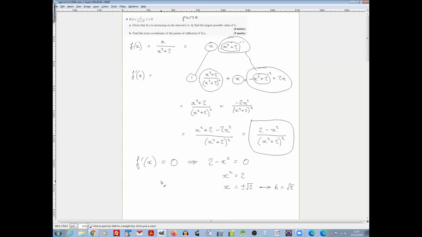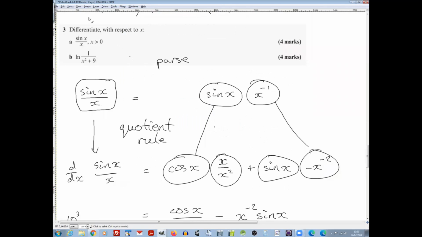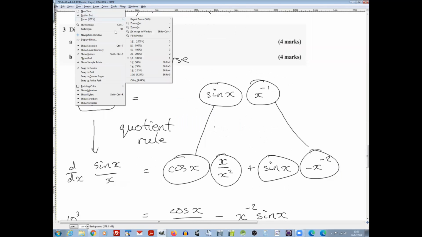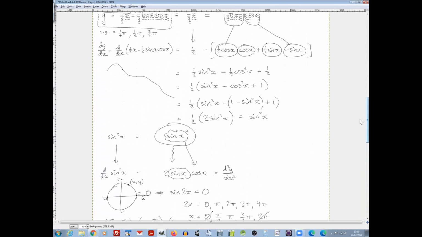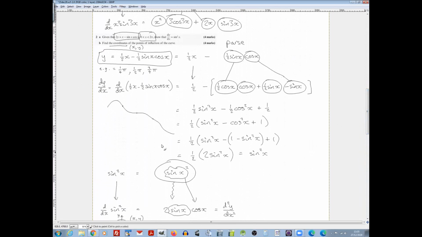Do you recall what that was about? Inflection points. So you differentiate and then differentiate again.